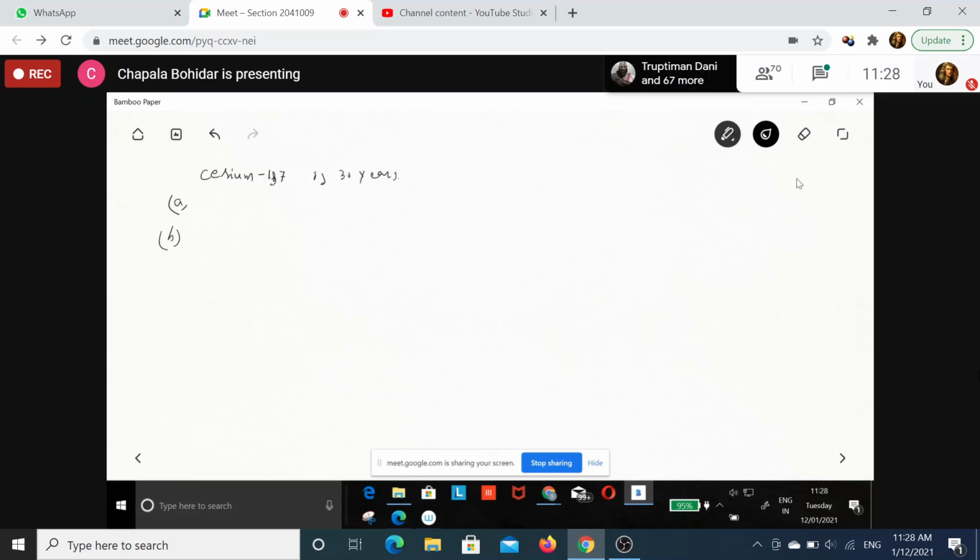What is the data given here? Half-life is 30 years, isn't it? The t value for the half-life. So the sample data is M0.